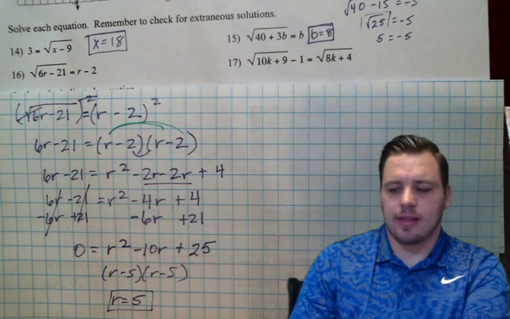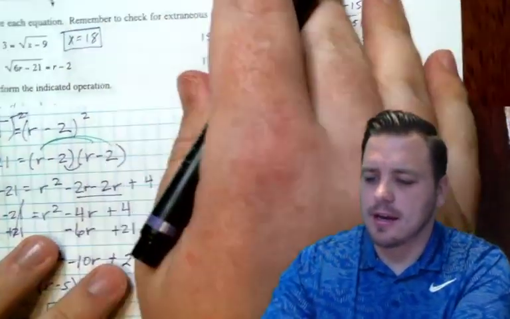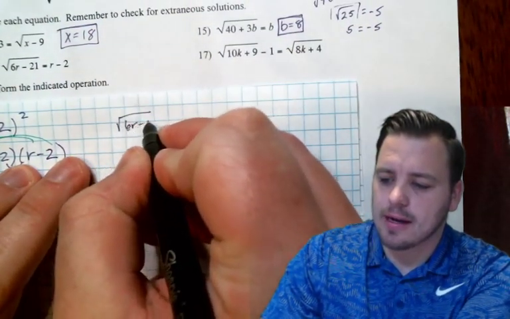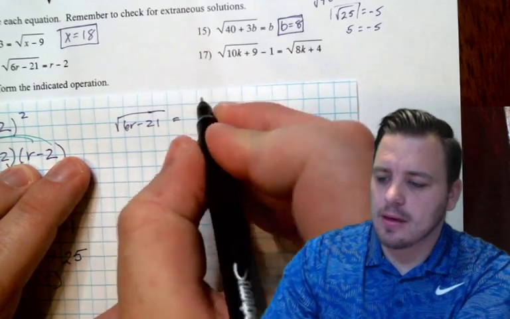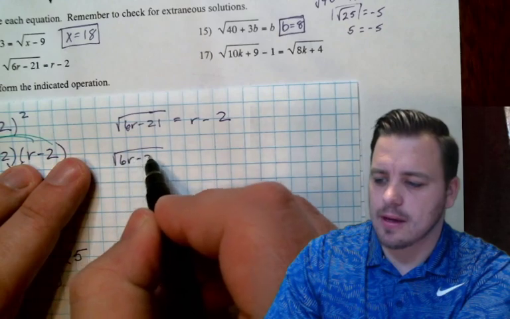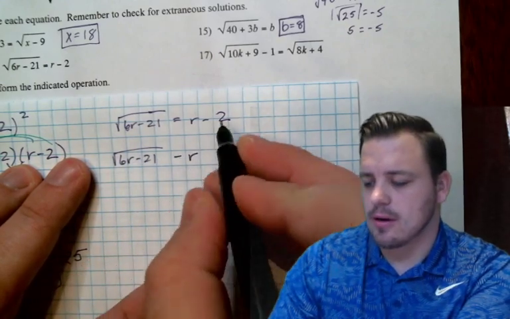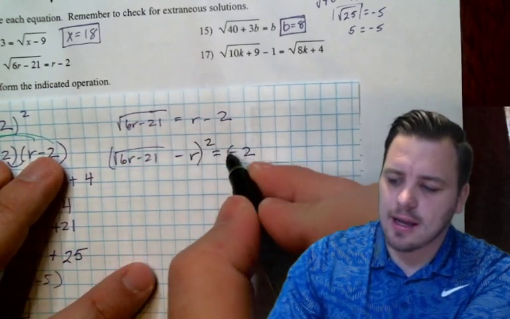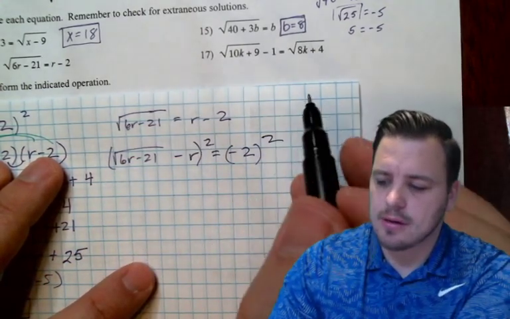Okay, cool. And then you said the square root of 6r minus 21 equals r minus 2. And Lucy's saying she subtracted r from the beginning. So minus r equals negative 2. So then you squared this side, squared that side.